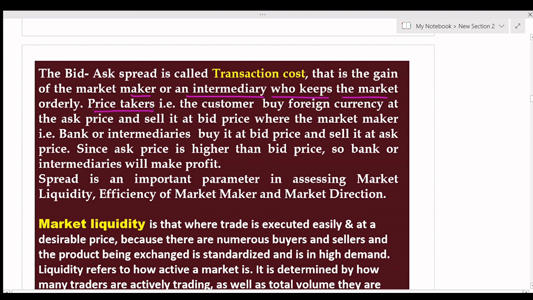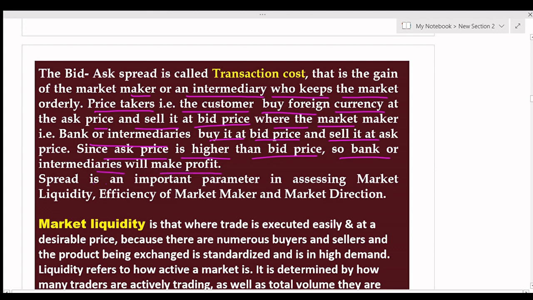Price takers, that is the customers, buy foreign currency at the ask price and sell it at the bid price, whereas the market maker, that is the bank or intermediaries, buys it at the bid price and sells it at the ask price. Since the ask price is higher than the bid price, the bank or intermediaries will make a profit.